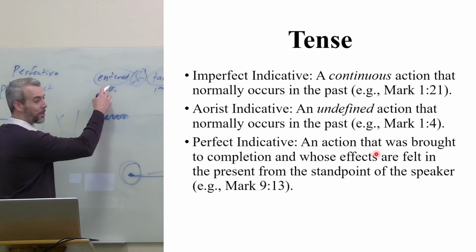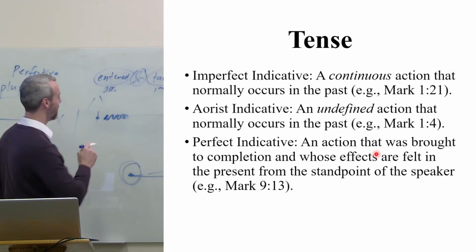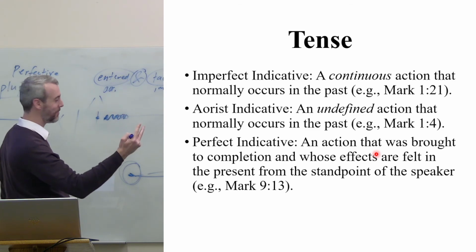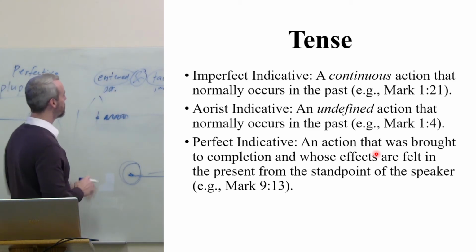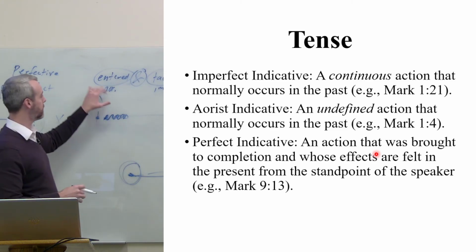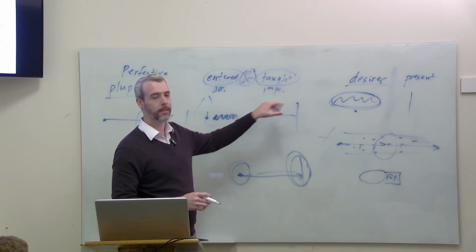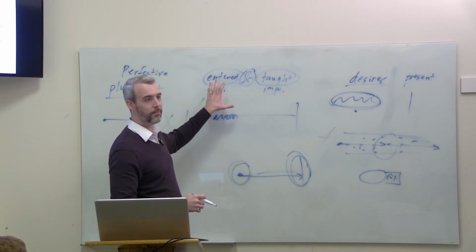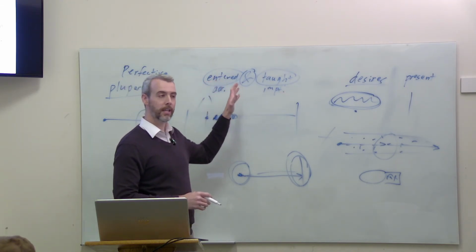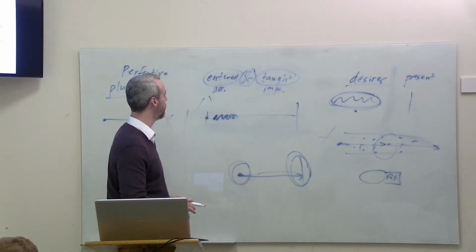So, what we're going to learn with participles, I'll give you first year Greek and then I'll give you second year Greek. So first year Greek would be that with the aorist participle, it's having entered, he was teaching. Or, better yet, after he entered, he began to teach, or he was teaching.